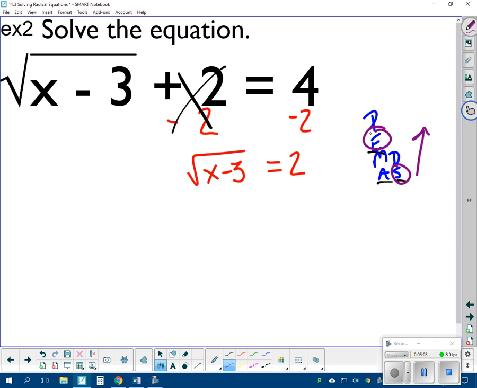That means that radical is actually acting as a parenthesis. The radical is saying, hey, I'm taking the radical of all of this. So you've now got to undo the radical before you can undo the subtraction. It's all grouped together. Okay, so once you have the entire radical isolated, then you're going to square both sides.